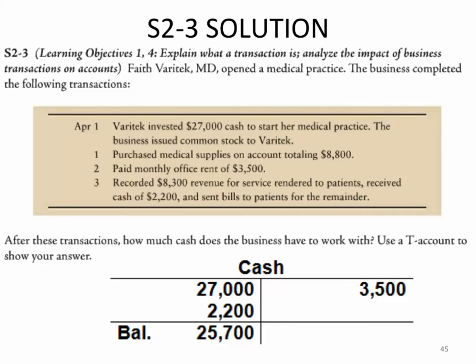Then we have 3,500. If we put it on the right-hand side, it's a credit, and it represents a decrease. We don't use negatives in T accounts. Whichever side they're on tells us what's happening. So the cash is an asset, so the 27,000 increases cash, the 3,500 decreases cash, and the 2,200 increases.